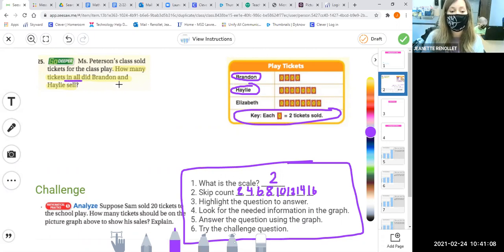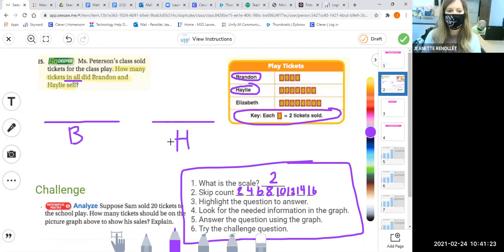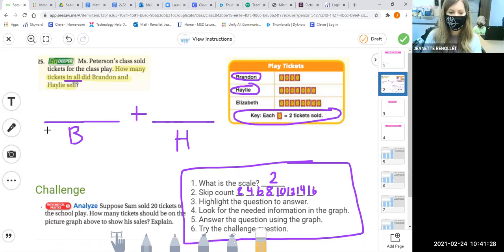These words are some clue words that help you know which operation to use. Here we've got Brandon's tickets, Haley's tickets. In all means we're going to combine them. Brandon's tickets plus Haley's tickets, in all together. How many tickets did they sell?